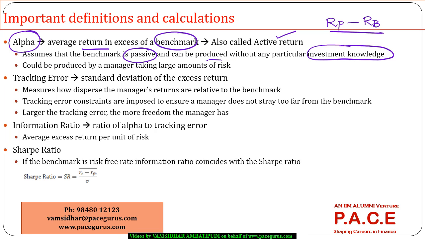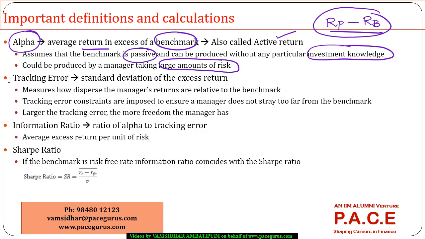So this alpha can be produced by those portfolio managers who are taking more risk. The more risk that is taken by the portfolio manager, the more could be the deviance from the benchmark, so the higher could be the value of alpha. So if I really have to generate a high positive alpha, I have to take more and more higher risk compared to that of the benchmark.